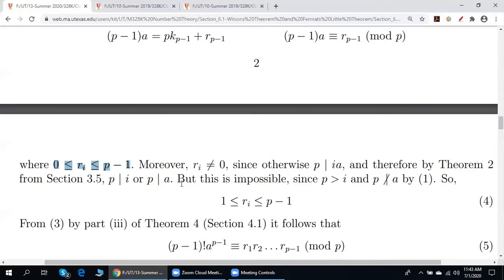Next, note that any Ri is not equal to 0. Indeed, assume to the contrary that some Ri is equal to 0. If some Ri is equal to 0, this means P divides iA.